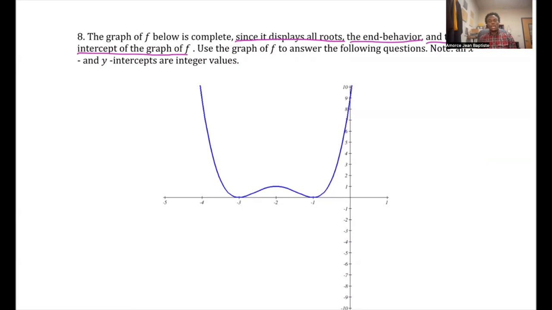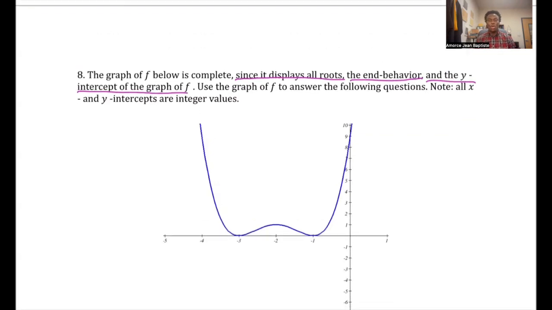So that means we can see the most essential part of this graph. So that's when you know it's complete. You see the end behavior, all the roots, and the y-intercept, then yes, this graph is a complete graph.